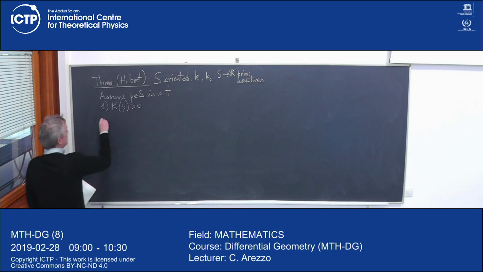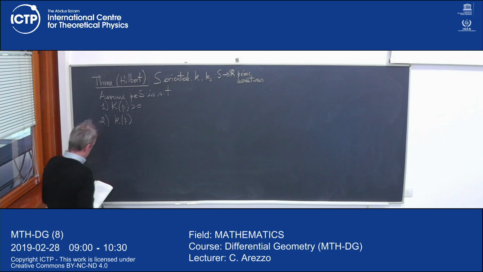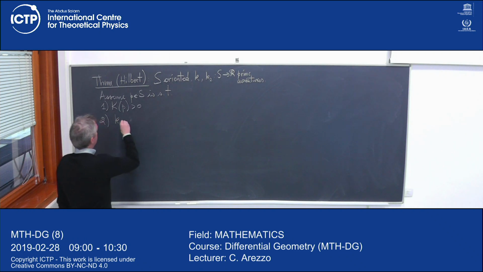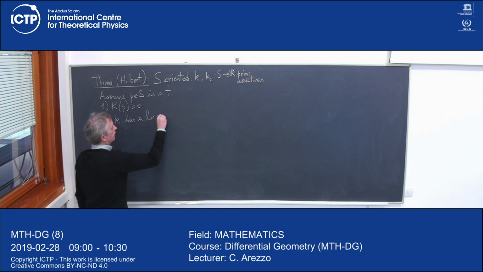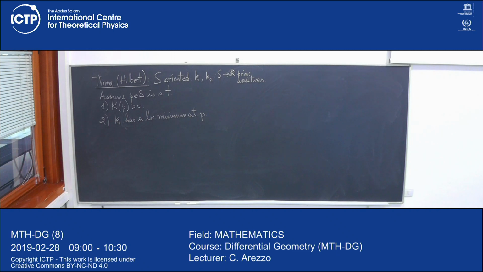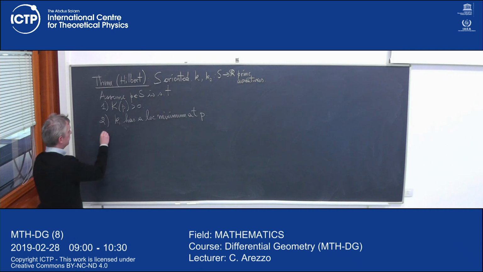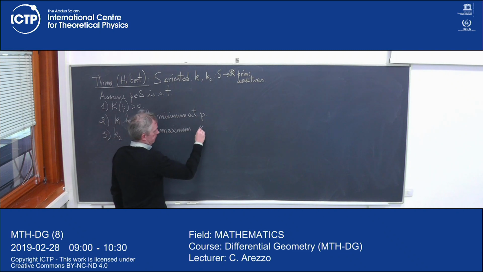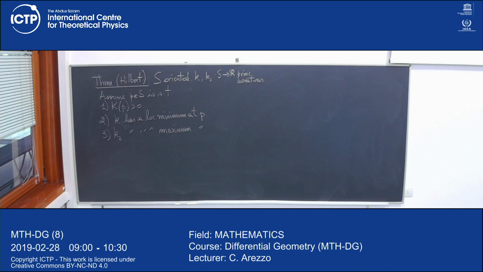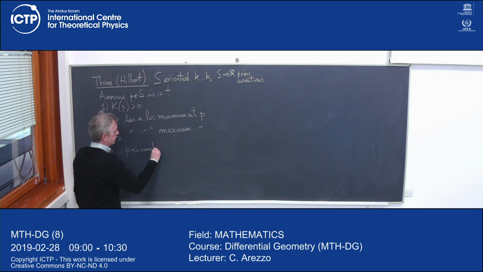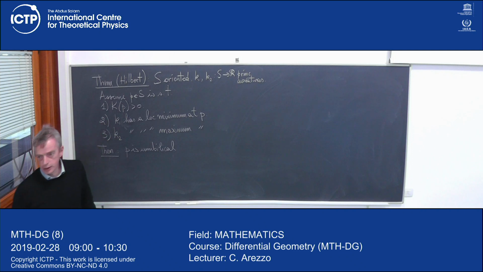Then, K1 of P, the smaller principal curvature, has a local minimum at P. And the big one, K2, has a local maximum at P. The conclusion is that then P is umbilical. Remember, umbilical just means K1 at P is equal to K2 at P.